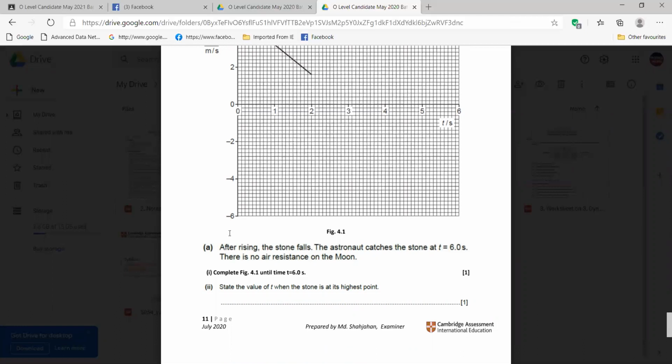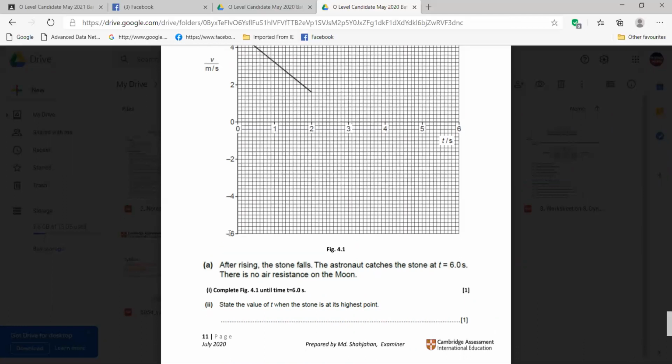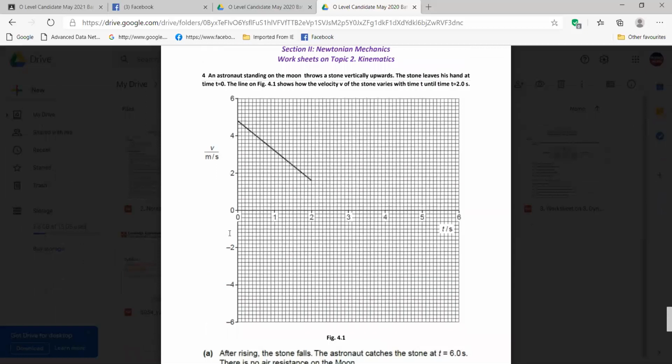Then continue: complete figure 4.1 until time t equals 6. Now you have to complete the graph. The graph is given till 2 seconds. You have to complete it till 6 seconds.